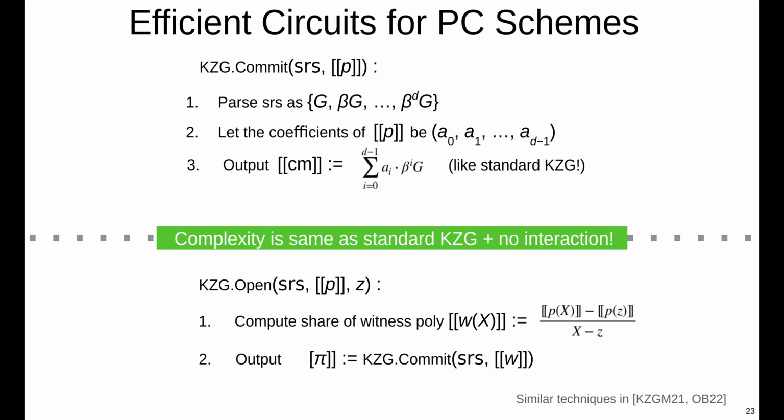And after creating the commitment, you have to open the commitment and prove that the evaluation also happened correctly for a point on the polynomial, on the secret shared polynomial. So again, even this step is linear.